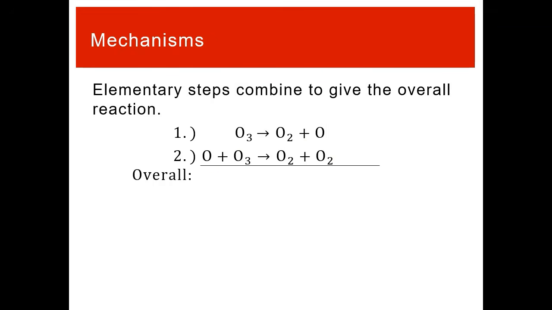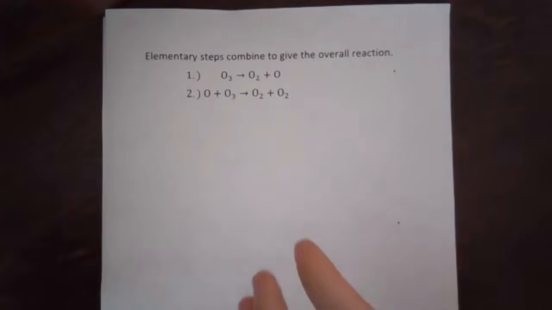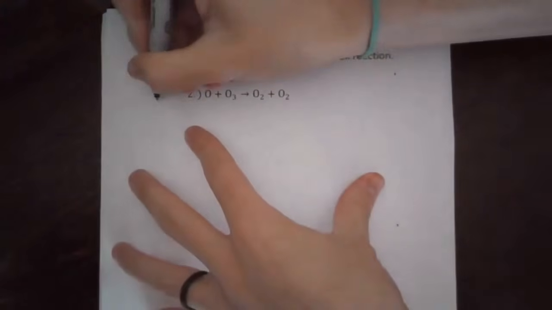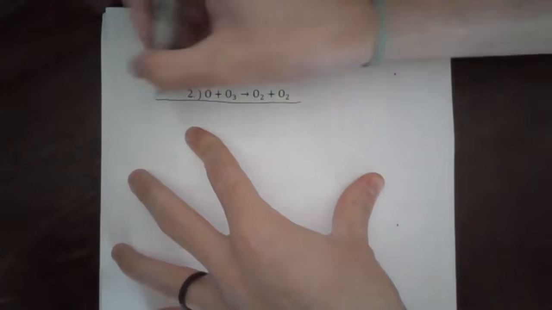So this idea of having these elementary steps combined to give an overall reaction is something we want to work through. Let's see what it means to combine elementary steps into an overall reaction. When we want to combine reactions, basically we're going to add them together.